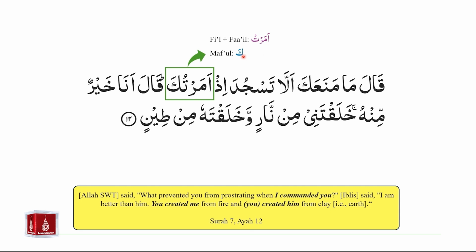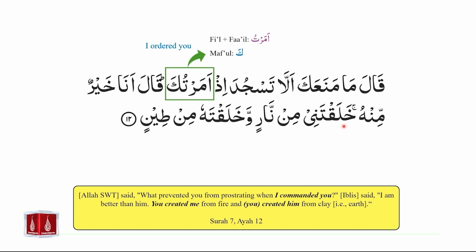And ka comes from the mansoob personal pronouns chart, ka, kuma, kum. Ka is second person, singular and masculine, and it means you. So taken together, amartuka means I ordered you or I commanded you.